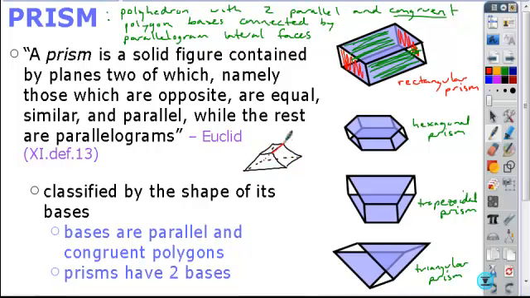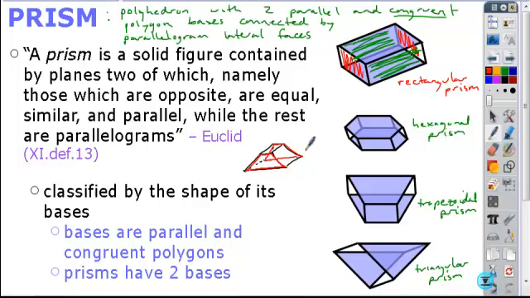What if I took these two sides? Are those congruent? Probably in this case, it looks like they are, but are they parallel? No, so it's not a prism based on that pair of opposite sides. And what if I took the front and the back? Are those congruent?